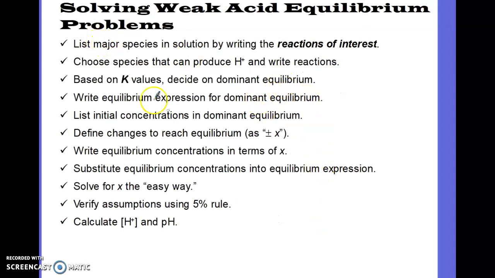For weak acids, there's a list of things to help you solve them. List the major species in the solution, so write out the reaction, and choose what are going to be important.